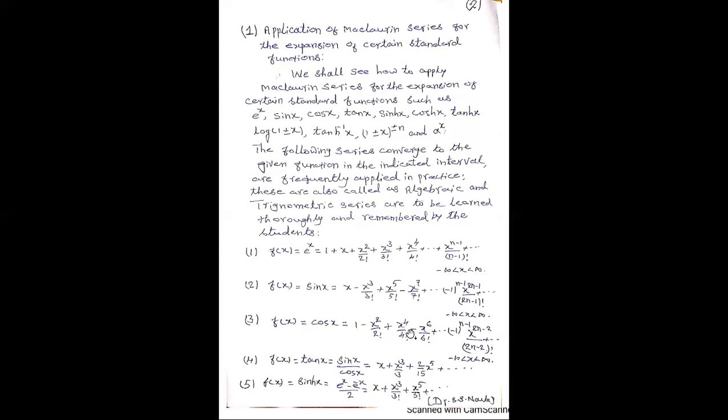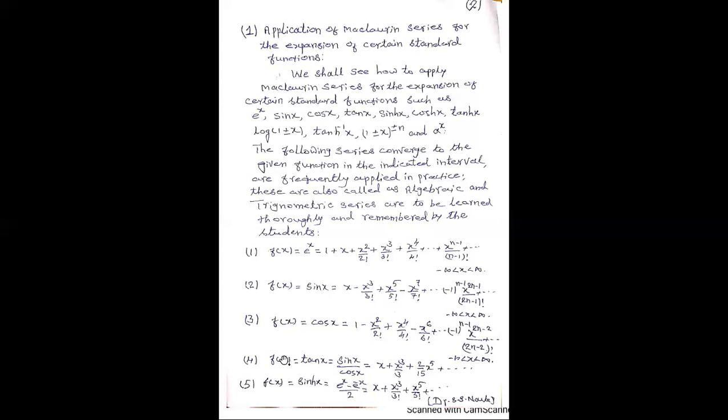So again, if you see this, this is in the ascending powers of x. The first term is 1, the second is x square upon 2 factorial, the third is x to the power 4 upon 4 factorial. Here you are having the even powers of x starting from 1. Here you are having all odd powers of x in the sin x series.